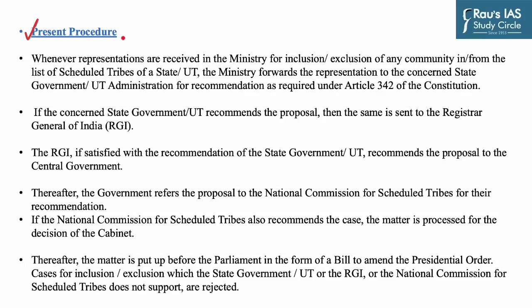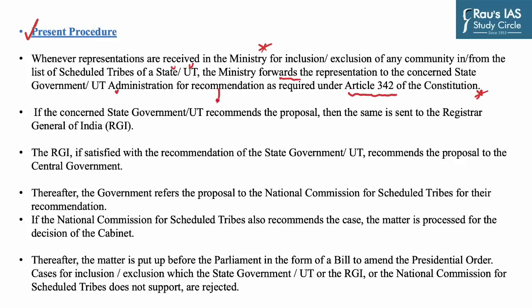Now if we talk about the present procedure that is being followed to include a community into the list, following are the steps which are being followed by the Government of India. So whenever representations are received in the ministry, that is the Tribal Affairs Ministry, for inclusion or exclusion of any community in the list of scheduled tribes of a state or UT, the ministry forwards the representation to the concerned state government or union territory administration for recommendation as required under Article 342 of the Constitution.